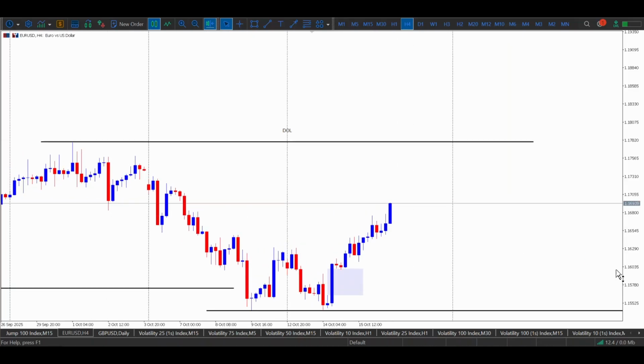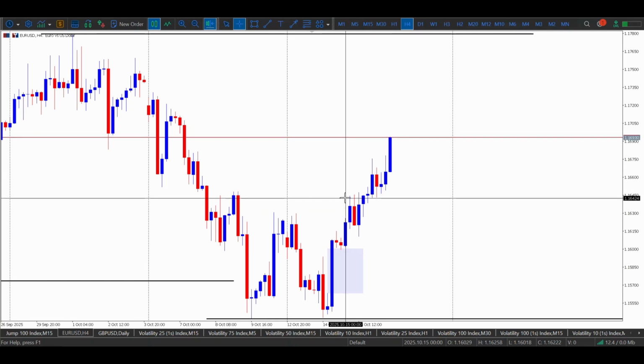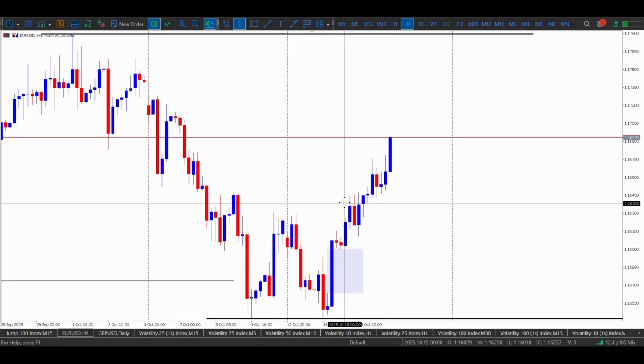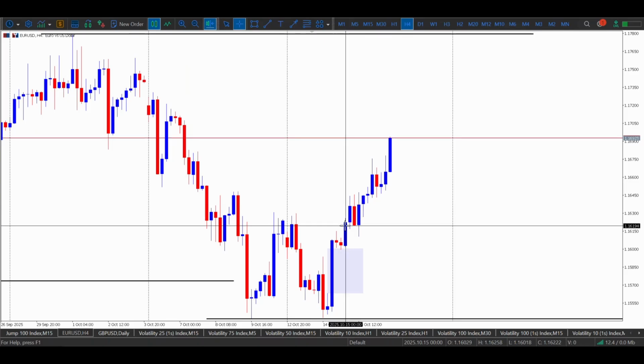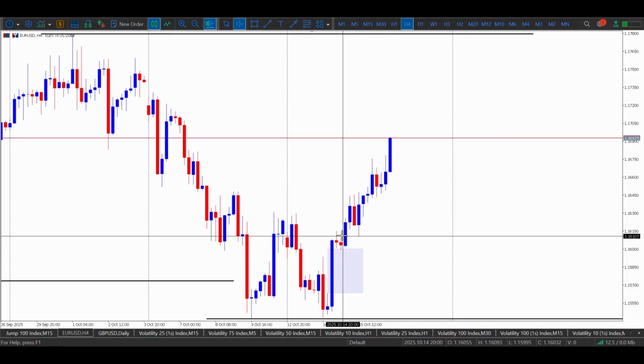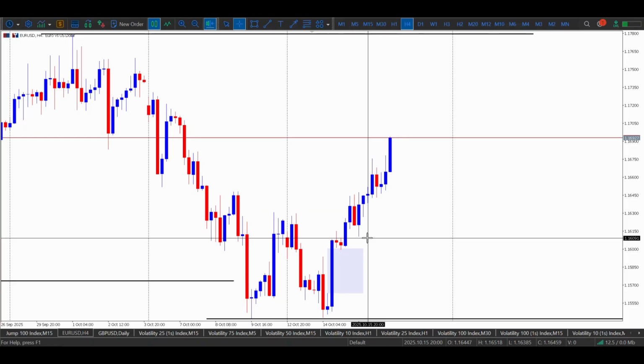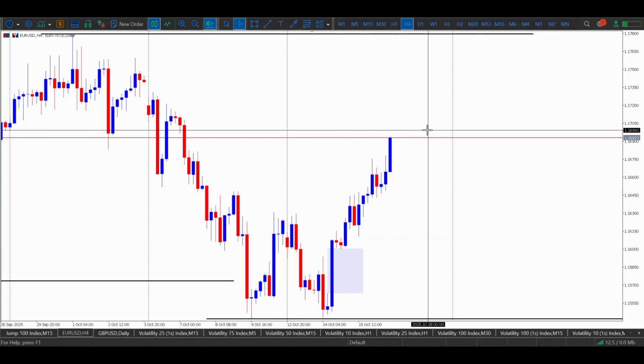Come Tuesday, Tuesday's trading, as you can see here, this is on the 15th of October. Okay, 15th of October. Here, this is 14th October. So this is Tuesday's trading, the day where I'm looking to take my long trades, right?